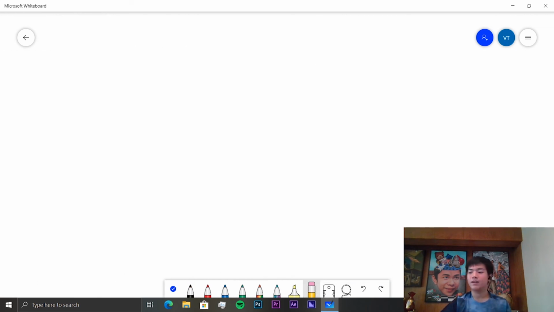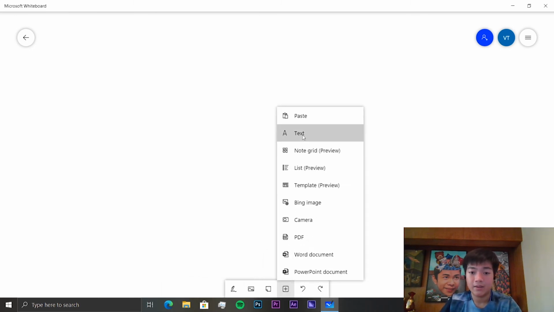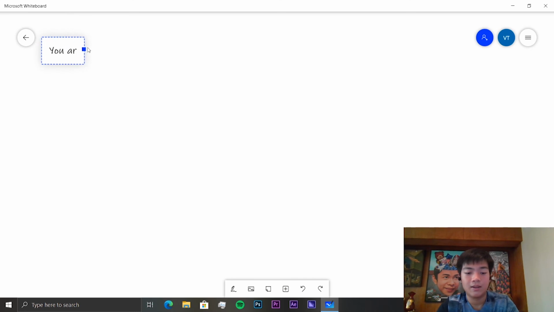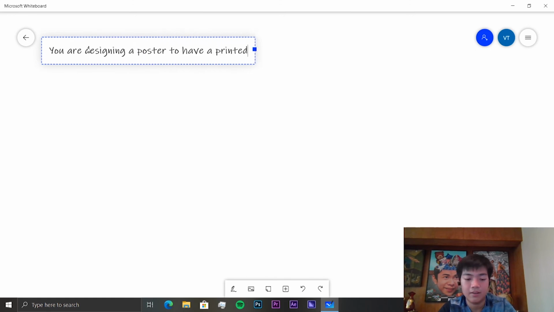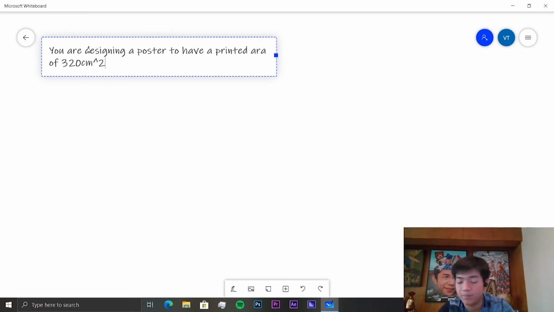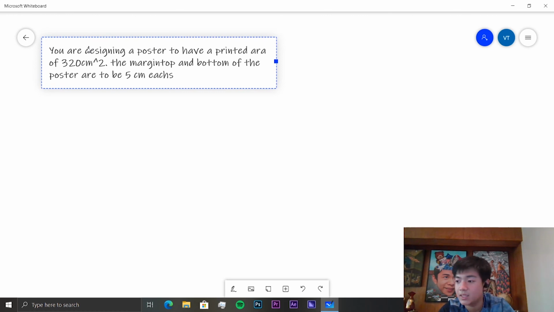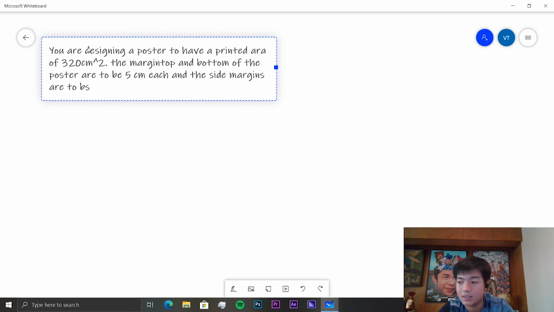Okay, on to the final problem. And the final problem is that you are designing a poster to have a printed area of 320 centimeters squared. The margins at the top and bottom of the poster are to be 5 centimeters each, and the side margins are to be 4 centimeters each.